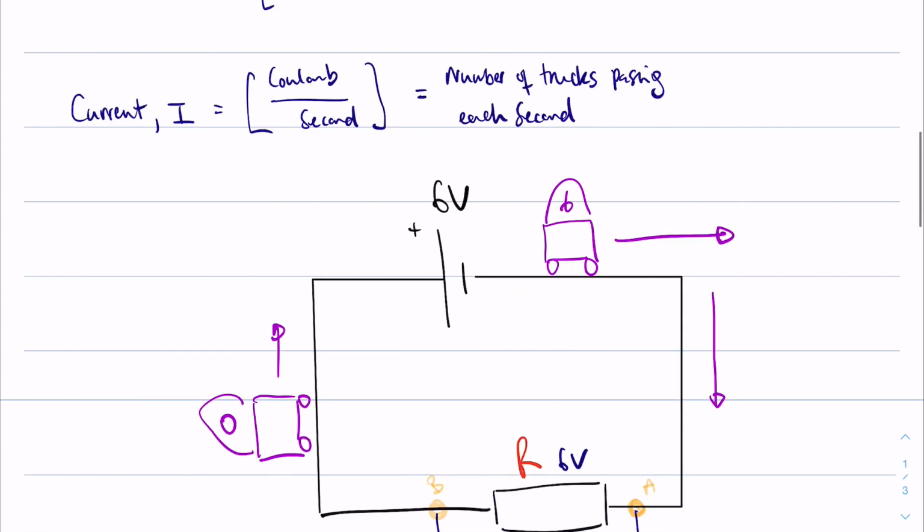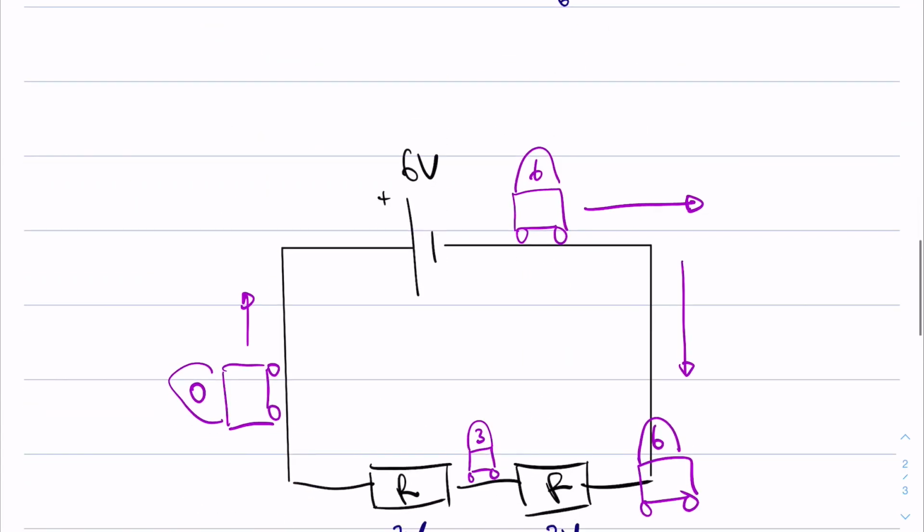So we could label these. Simple circuit, series circuit. There's a messed up S. There we are. And let's do parallel circuit now.